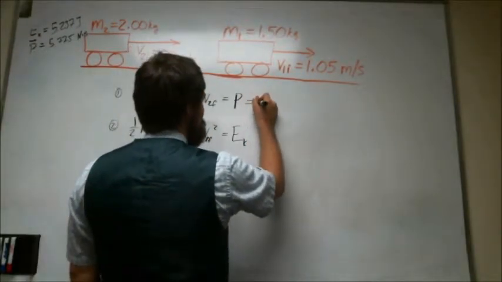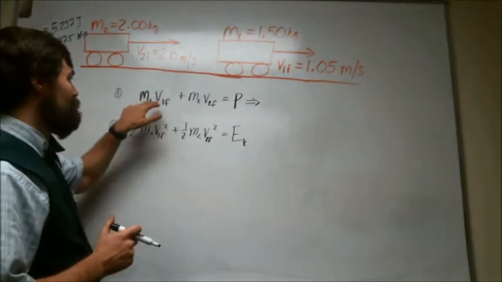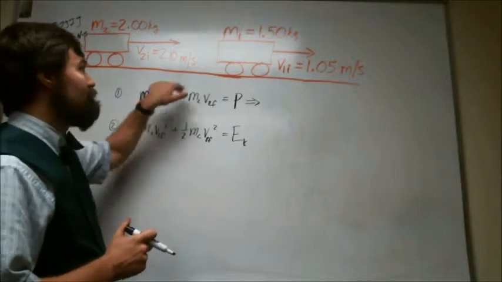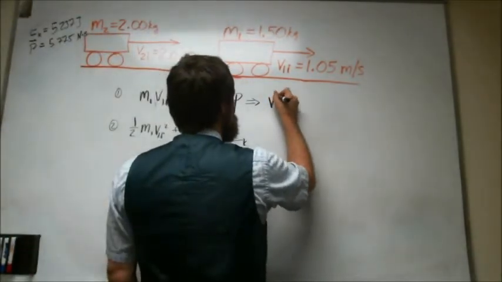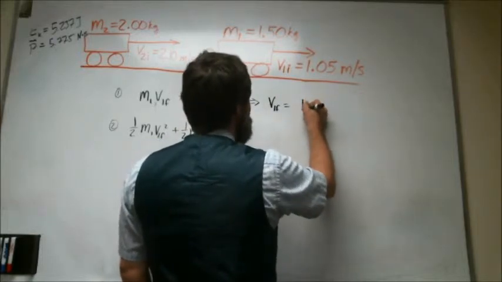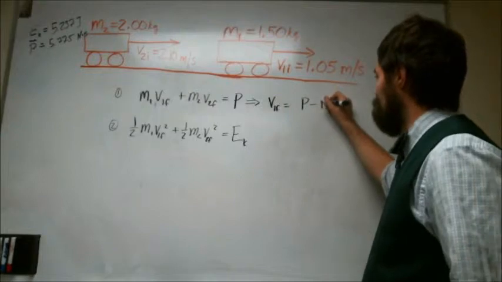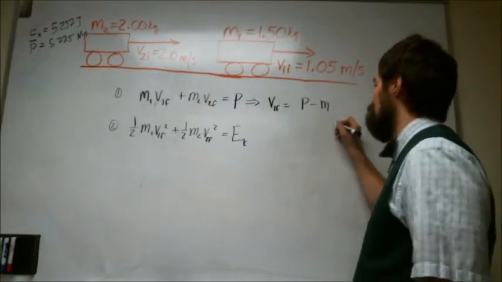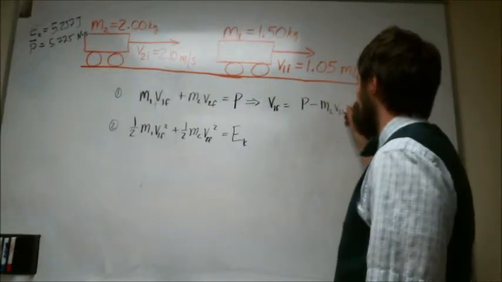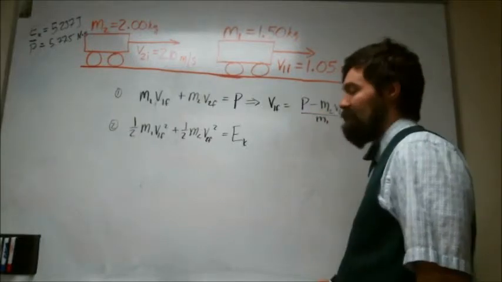So what I'm going to do is go ahead and solve the first equation for the final speed of cart number 1. So V1 final is going to be momentum minus the momentum of number 2, so M2 V2 final, divided by M1.